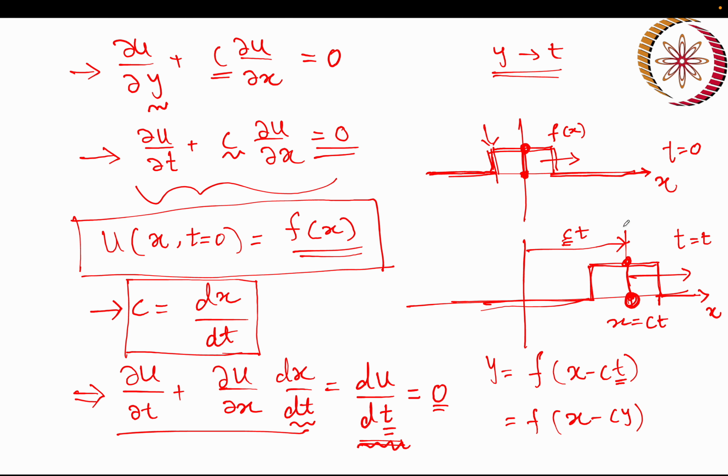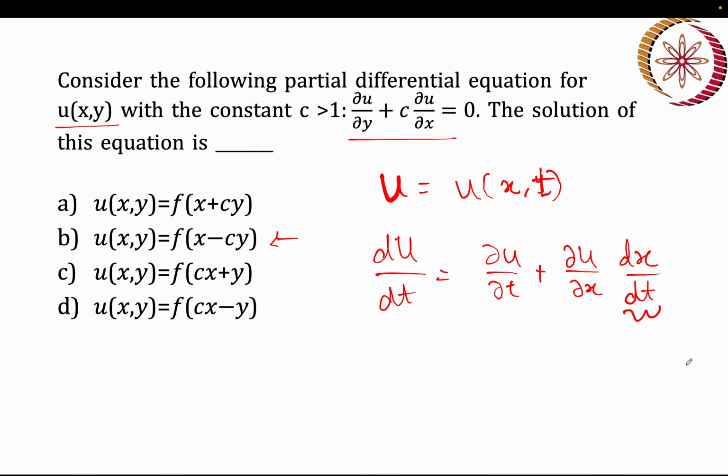So if we have the function f of x and want to shift the origin, we have to shift it this way. If we say x minus ct is equal to 0, then x is equal to ct. So this is the origin for this function that we have shifted. That's how we can solve this equation.